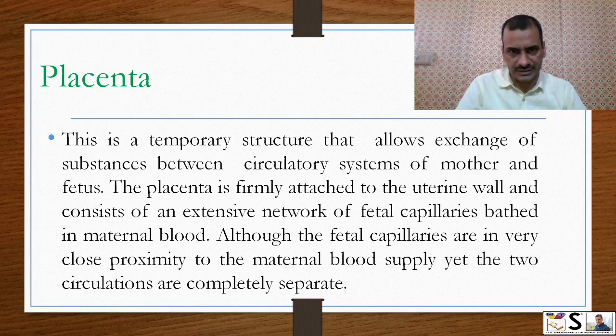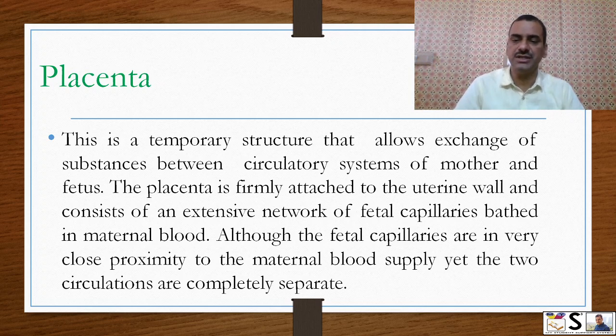What is the placenta? The placenta is a temporary structure that allows exchange of substances between the circulatory systems of the mother and the fetus. The placenta is firmly attached to the uterine wall and consists of an extensive network of fetal capillaries bathed in maternal blood.